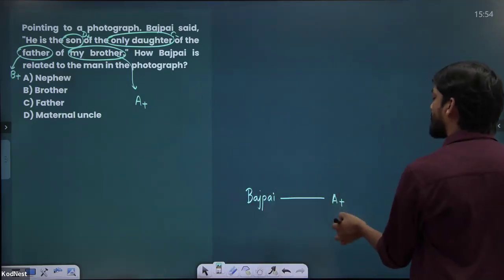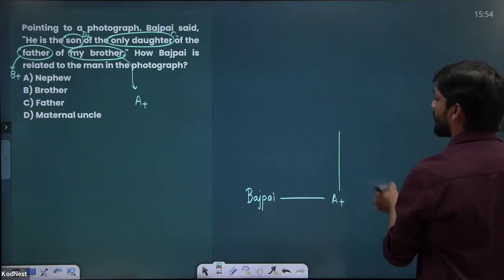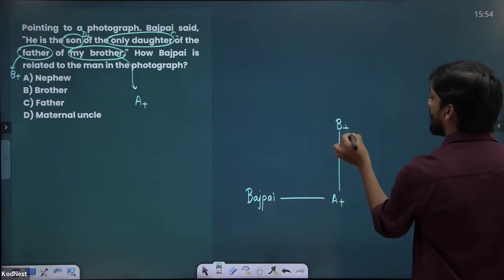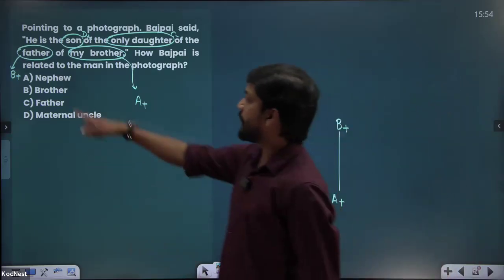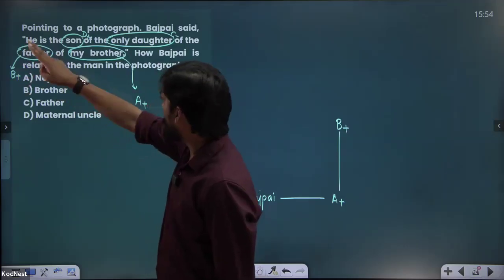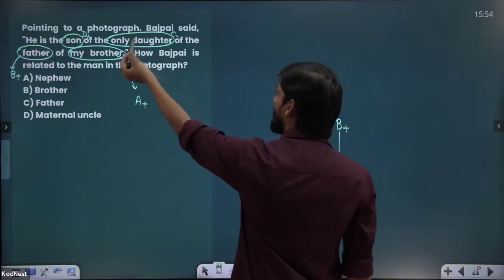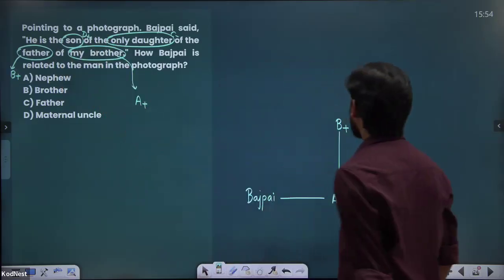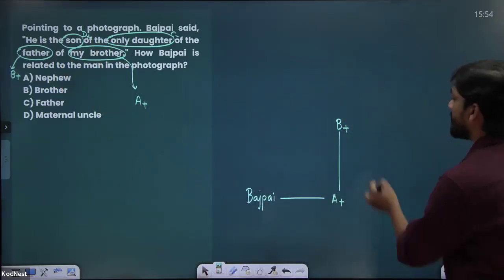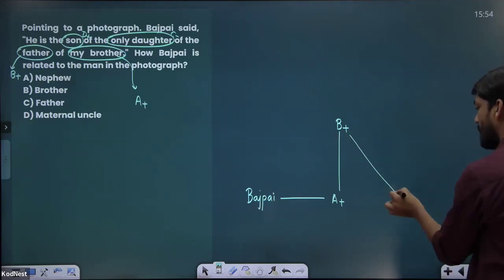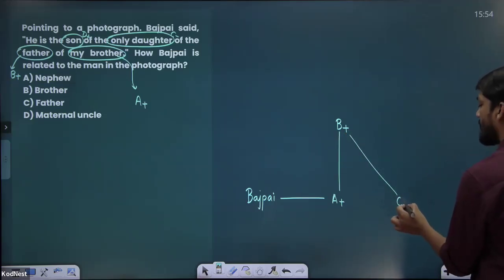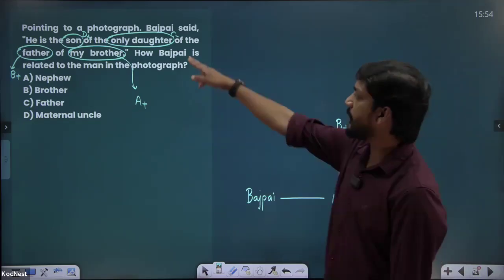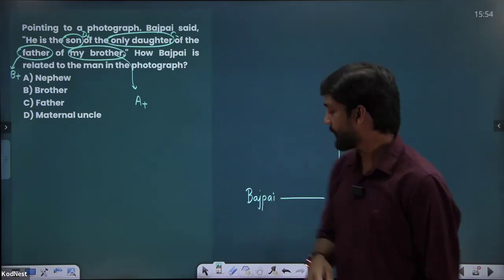Father of A plus will be one generation above, so father B plus I will have to show. Now go back, please. Only daughter of the father. Father means B plus. So only daughter of B plus will be one generation below, and let's suppose it is C minus.